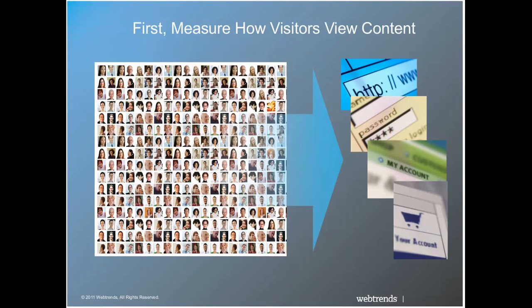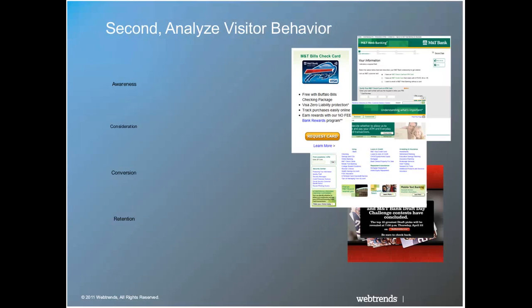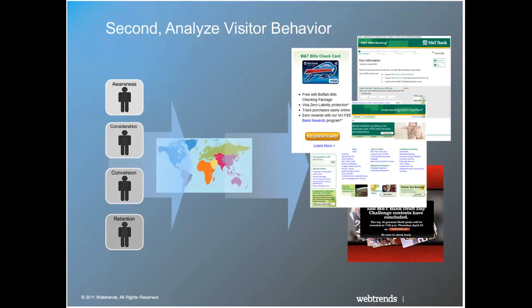First, they measure how visitors view the content. They're measuring on the website, mobile site, and social media sites. They're taking all this information and trying to figure out who these individuals are and what they're doing. Second, they're analyzing that behavior, understanding how customers are becoming aware of new products, considering what they should do next, converting and actually moving through the process, ultimately pushing the click button to submit and complete some process.